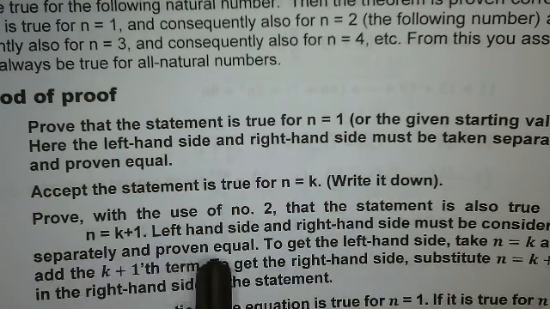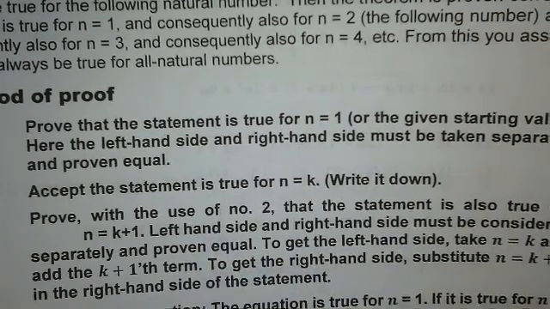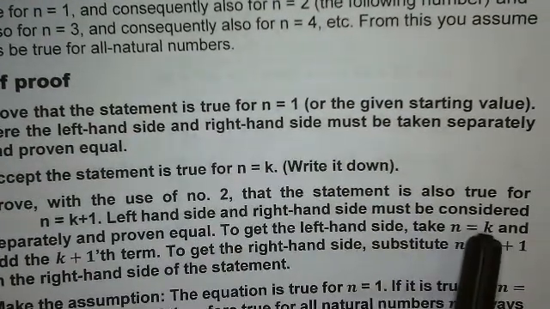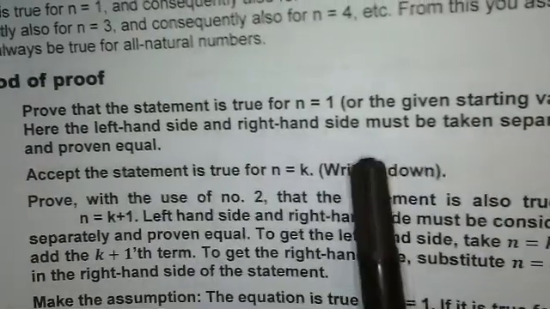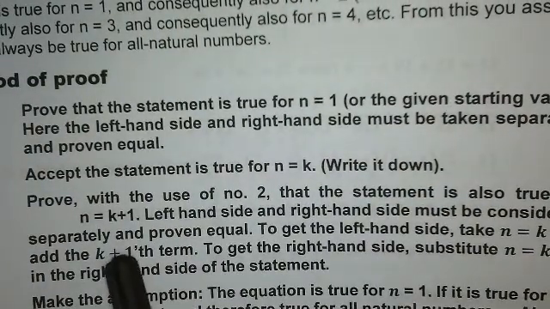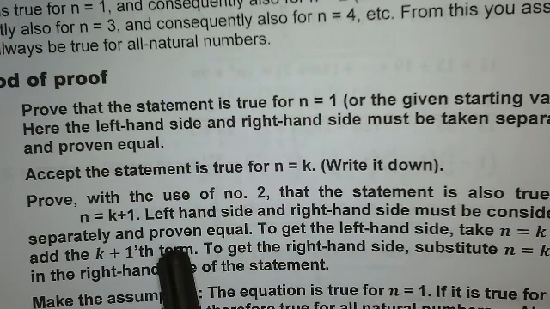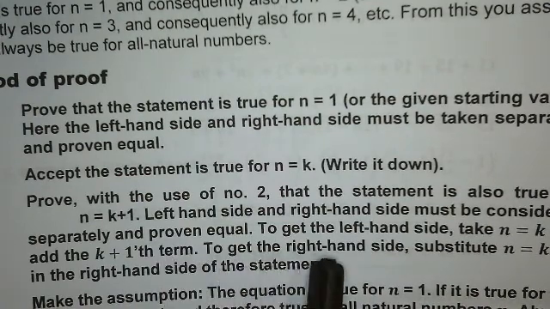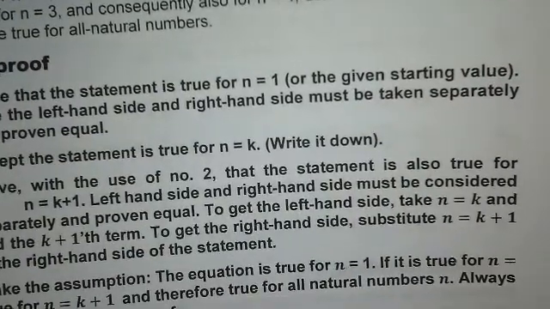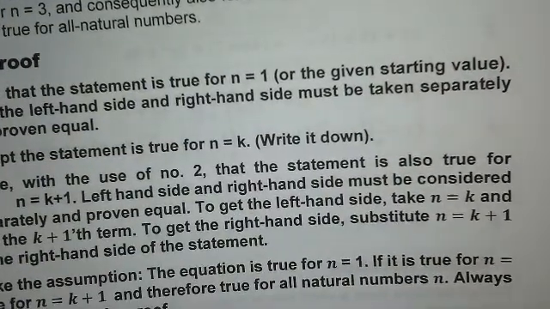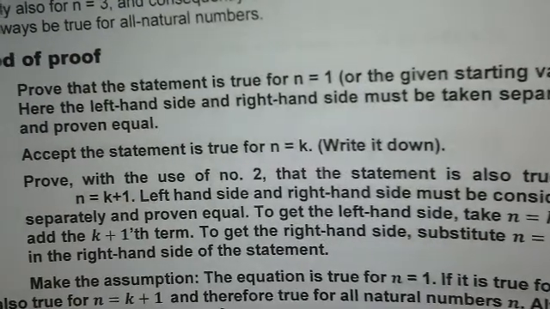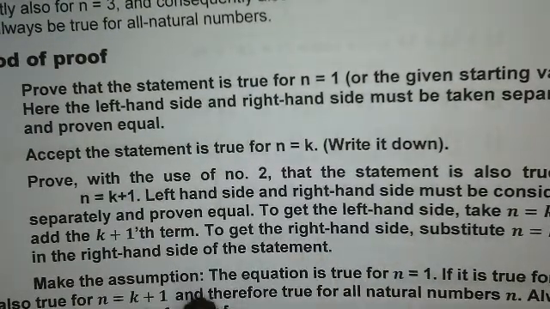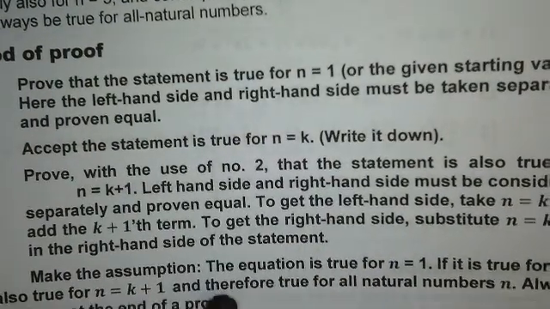To get the left hand side, you take n equals k and you add the k plus 1 term. So that's your left hand side. To get the right hand side, you substitute k plus 1 in the place of n. And then the right hand side will be equal to the left hand side.